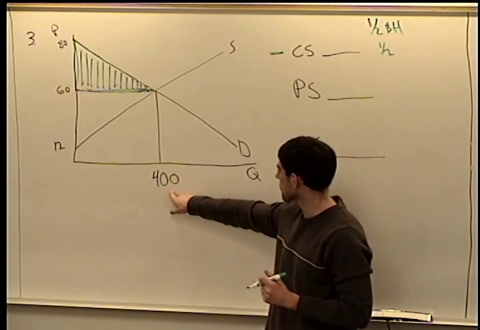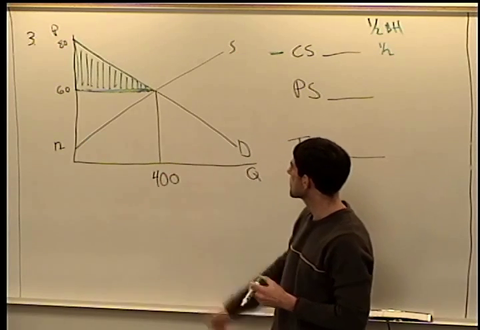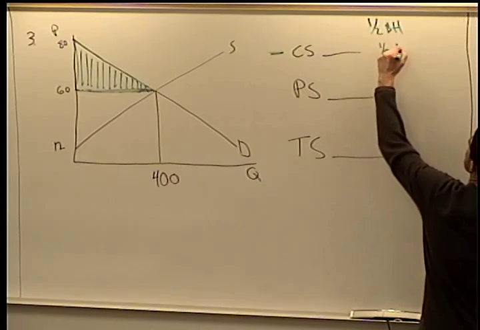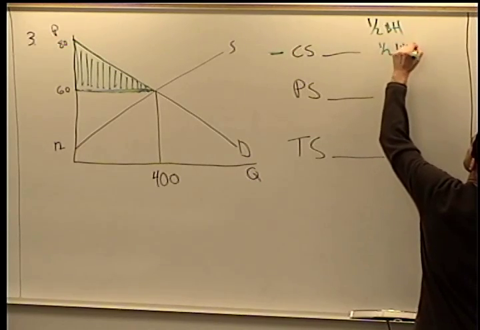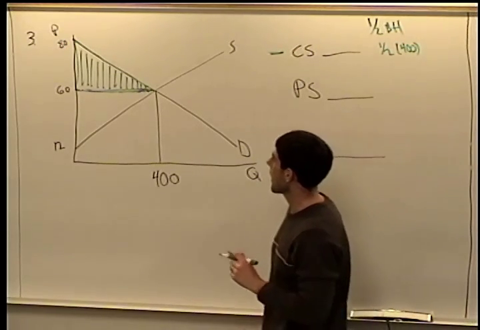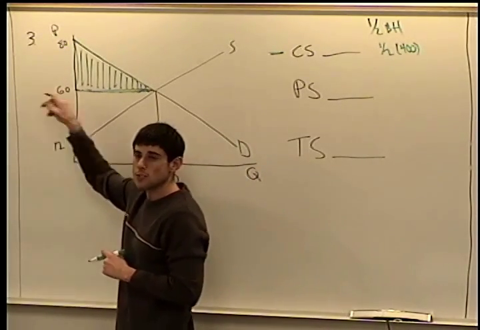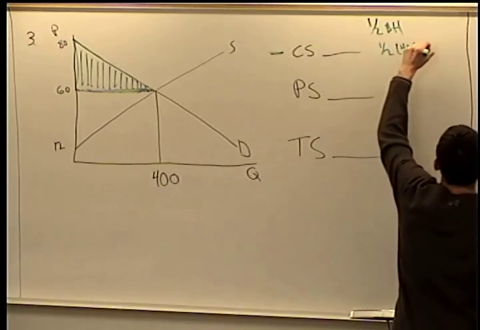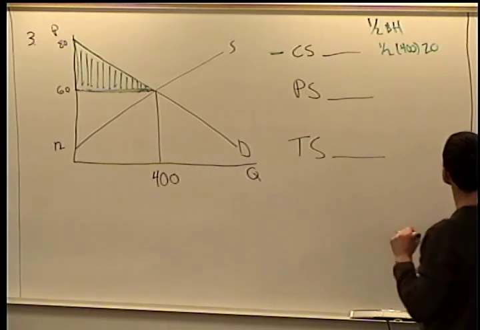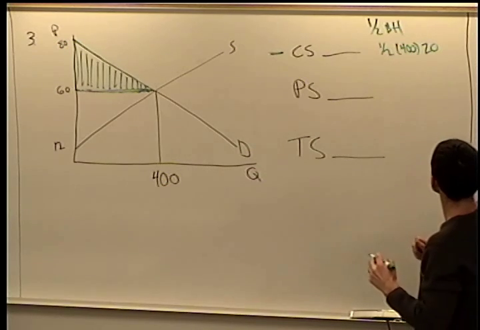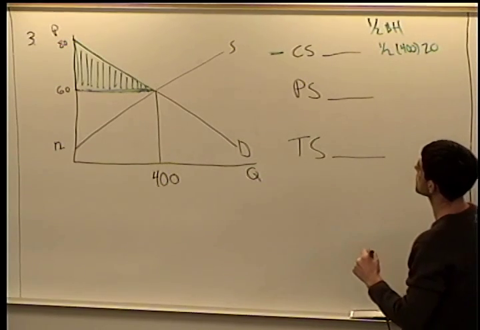So 400 people are enjoying this product. So the base is 400. And the height is 80 minus 60, which is 20.